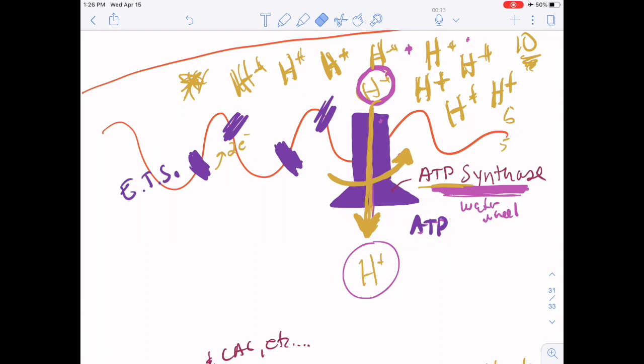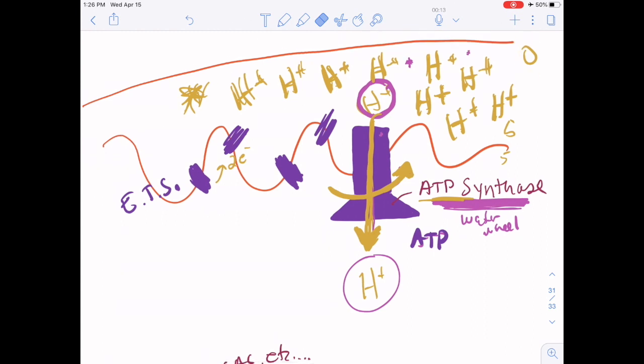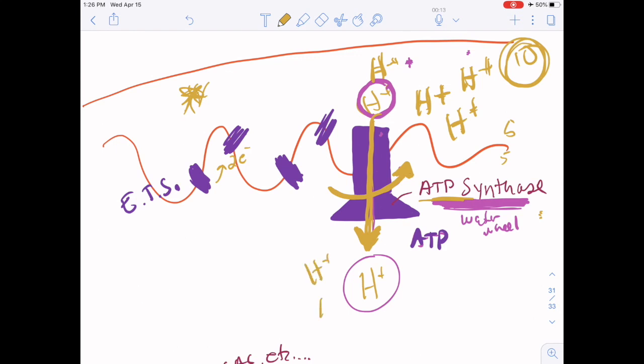Let's say we started off with 10 protons up here and 0 down here, so we need 5 to come through and equalize the gradient. 1, 2, 3, 4, 5 up there, and 1, 2, 3, 4, 5 down here. Now we're at 5 and 5, so we're good.